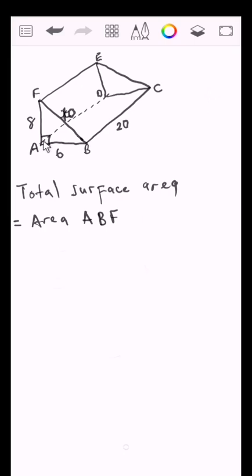Because the base rate triangle yedu ndi 6 panapa. Apa ndi 6 zvakare because the base of this triangular prism ichi, it's a rectangle. Then this side ndi 10, this side should also be 10, and kana we are 8, this should be 8. Call out the area of ABF, we should multiply it with 2. Tovatati plus.